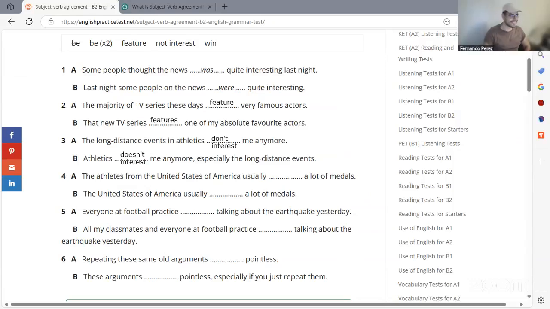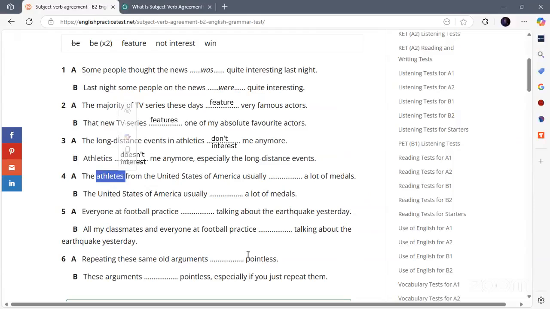You are so close. That's incorrect. Wins. Are we referring to the athletes? Athletes. And the athletes are not singular?